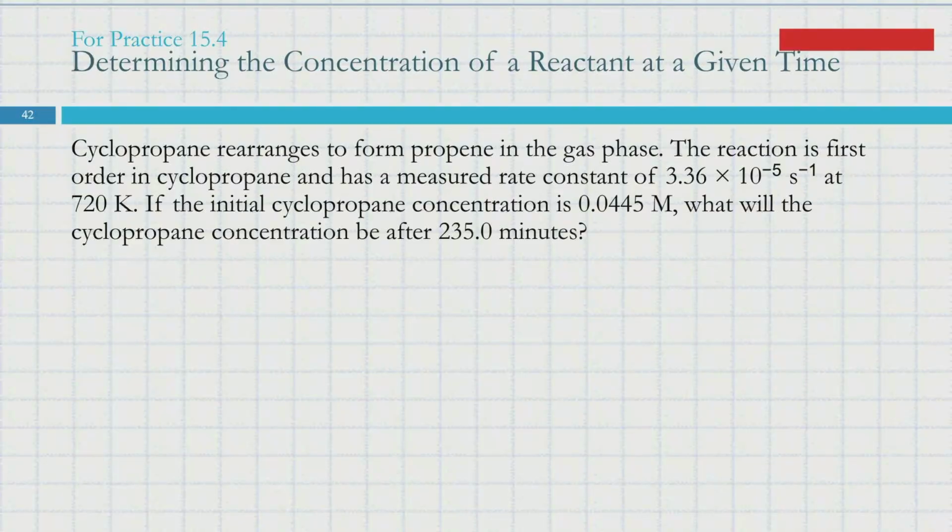If the initial cyclopropane concentration is 0.0445 molar, what will the cyclopropane concentration be after 235 minutes? I'll give you a couple minutes to try to figure it out, and then we'll come back and solve it together.